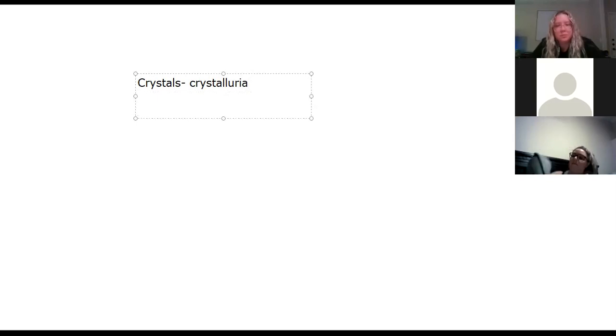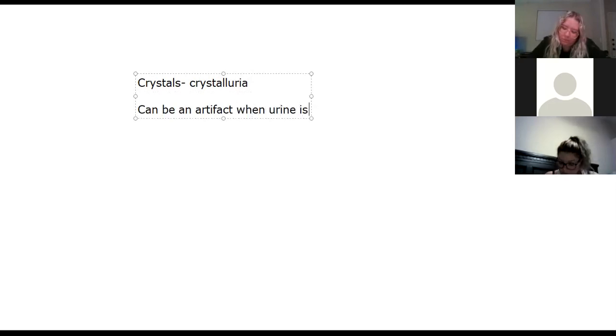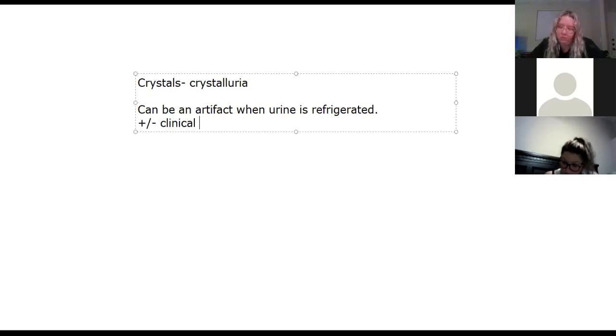Now, crystalluria can be an artifact when we refrigerate urine. So it can show up and mean absolutely nothing if we refrigerate the urine. It also could mean something, so it may or may not have a clinical significance. So that's where I would say plus, minus clinical significance.